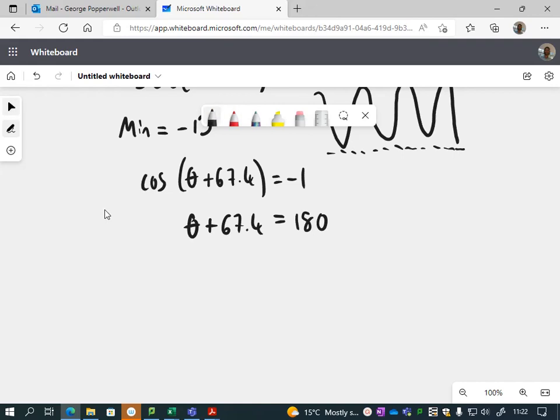So subtract 67.4 from 180, so 180 minus 67.4, and we get theta is equal to 112.6. So the minimum is negative 13, and it occurs when theta is 112.6. Okay, that's the video solution for N7 on assignment 37.